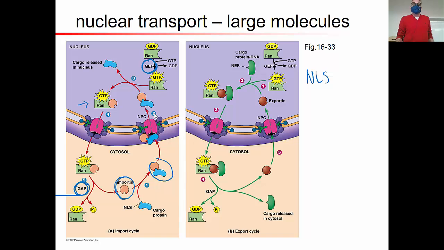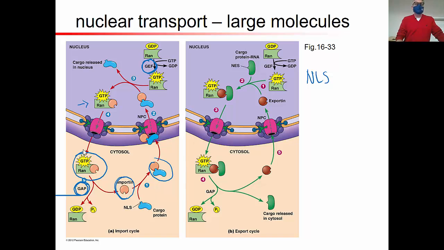So what's the importance of RAN here? So RAN, in its GTP-bound form, will bind to the importin. We can see this here. So the GTP-bound form will bind to the importin, and that prevents the importin from binding to its cargo.